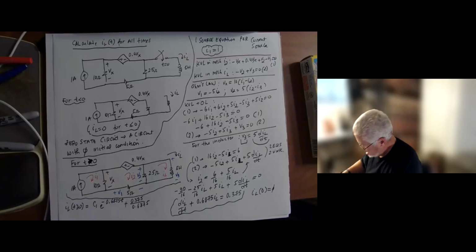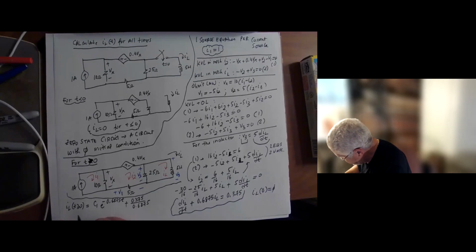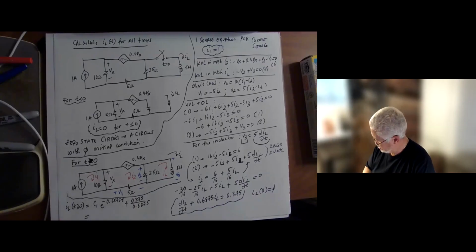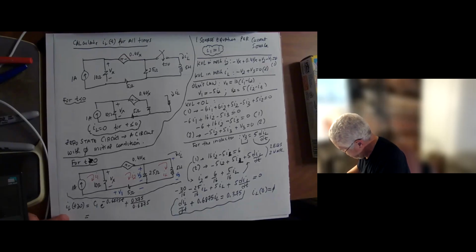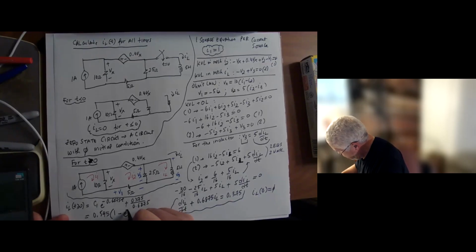So the final result is, let's look at this: 0.375 divided by 0.6875, that's 0.545, times 1 minus e to the minus 0.6875t.